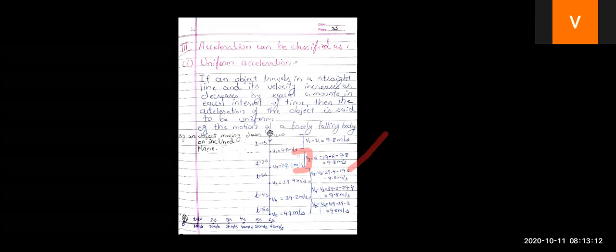So here also the change was 9.8. So you will see children that the change after every second is equal, that is 9.8. So the change in velocity is equal in equal intervals of time. So this is an example of uniform acceleration. Right children?